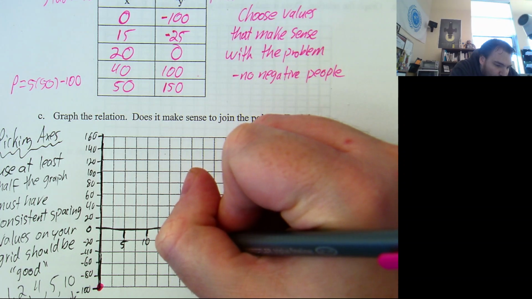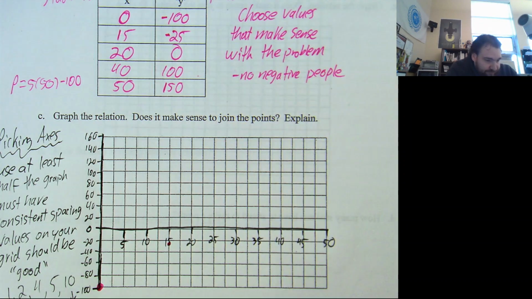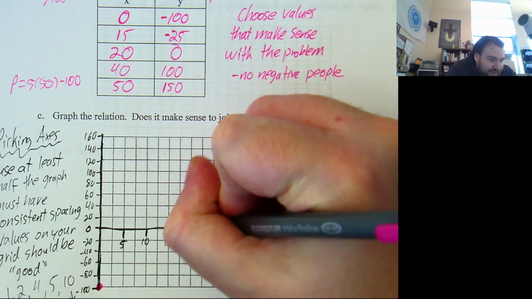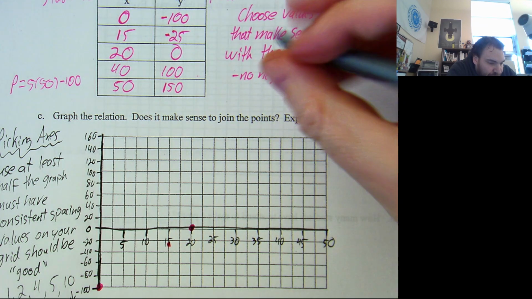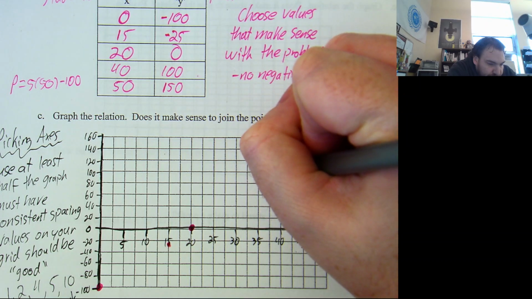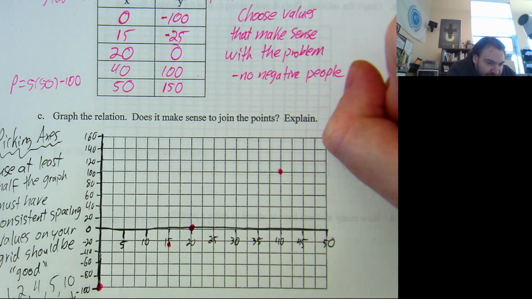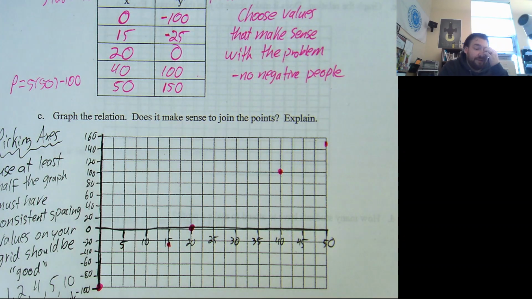So we're trying to go like a quarter of the way down here. You got to be careful with ones like these. But 20 and 0 work. That's that guy right there. 40 and 100 work. And then 50 and 150 is going to be halfway through there, between 140 and 160. That absolutely works.